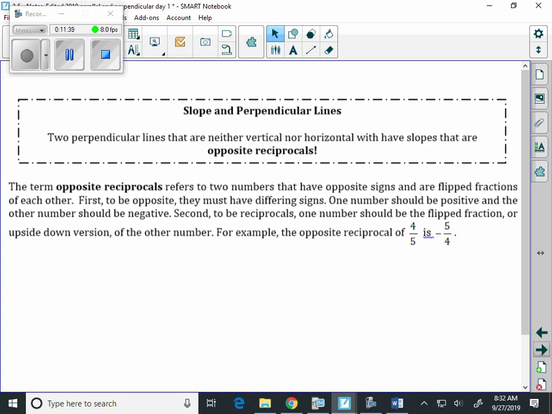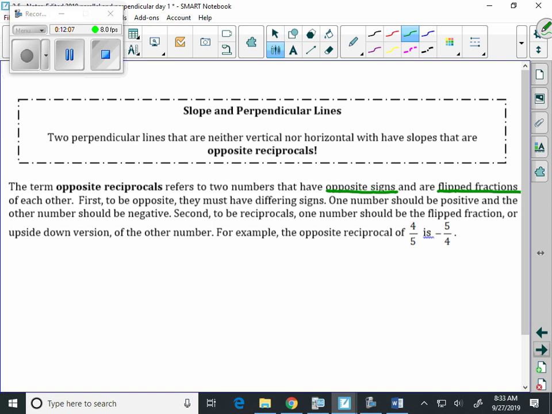The term opposite reciprocals refers to two numbers that have opposite signs and are flipped fractions. So again, not a huge fan of highlighting or underlining for that matter, but this might be a time, especially if you're not familiar with this concept. First, to be opposite, they have to have different signs. One number should be positive, the other one's going to be negative.